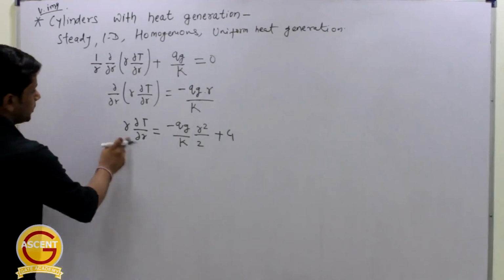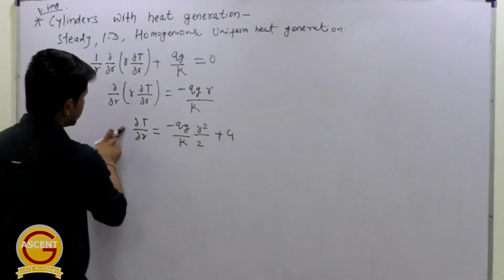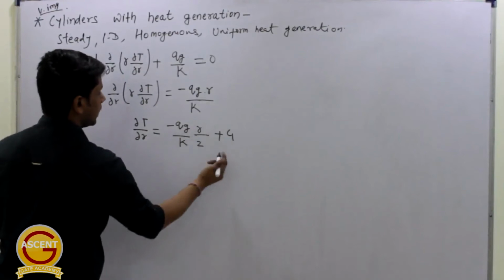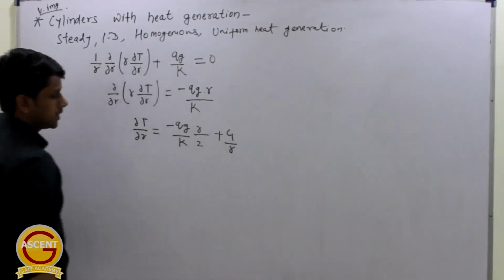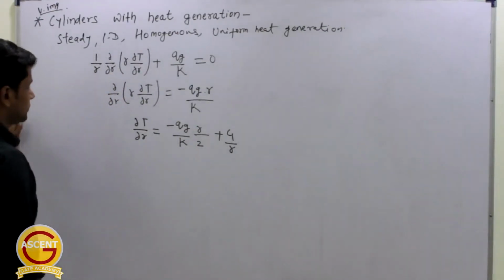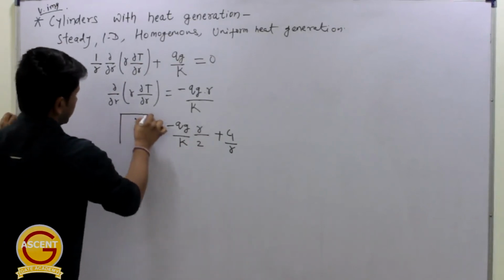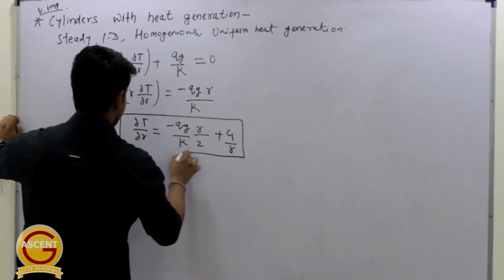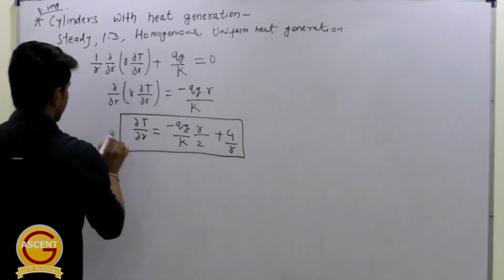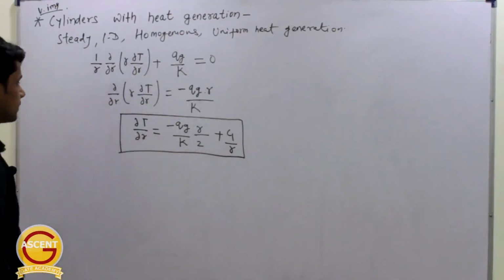Now this R you can take here, so it will go on denominator, so this R square will become only R and it will become C1 by R, fine. So this is first equation, this is equation of del T by del R. On first integration we have arrived to the del T by del R equation.